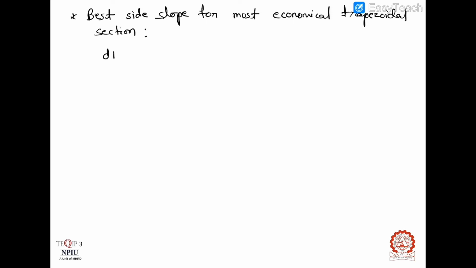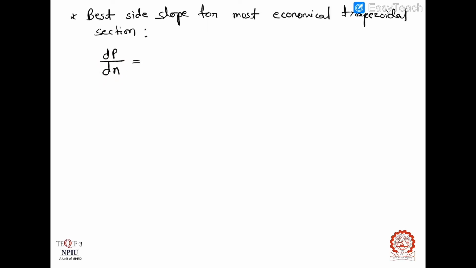So here we have to differentiate the perimeter with respect to the side slope, small n. In the previous section, we differentiated the perimeter with respect to y, because we were varying the depth of flow to find the minimum perimeter, but here we are varying the side slope.